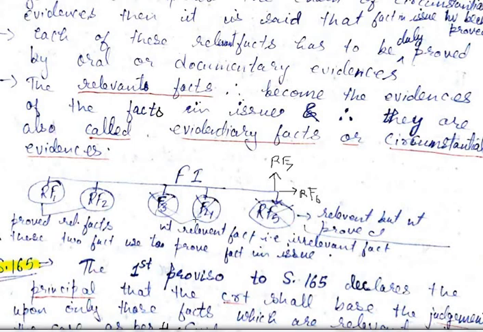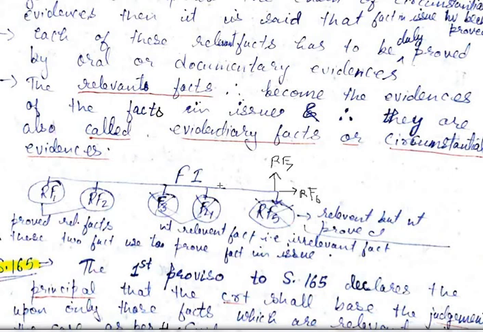As far as the evidence is concerned, the party will give evidence to prove all these facts, and the court will allow or admit the evidence only for those facts which are relevant. Therefore the evidence will be allowed for facts number 1, 2, 5, 6 and 7.